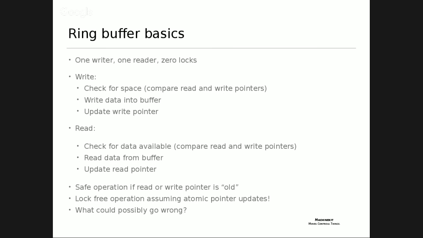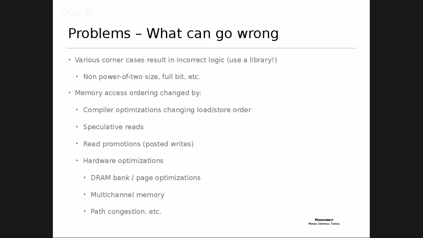So what could possibly go wrong? Well, actually, quite a few things if you come down to it. The first is actual logical problems. Despite how simple this appears, it actually is a little bit more difficult to put into practice without making mistakes, especially if you get into things like buffers that are not a power of 2 size.